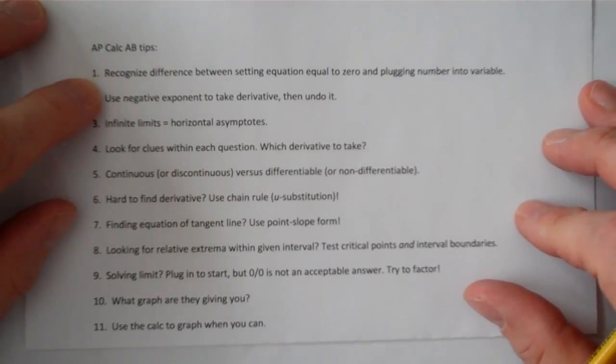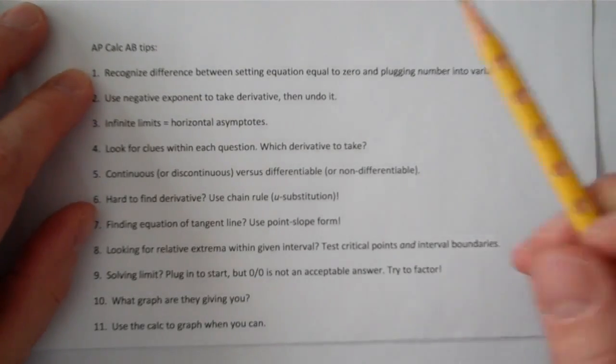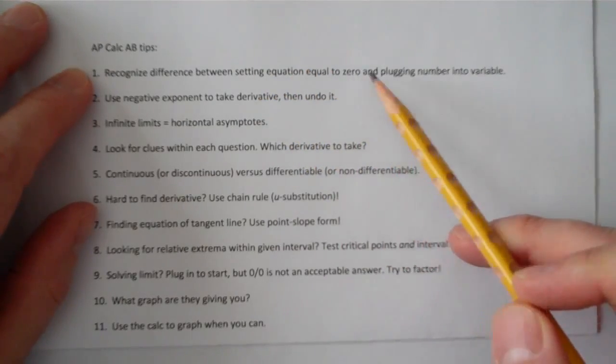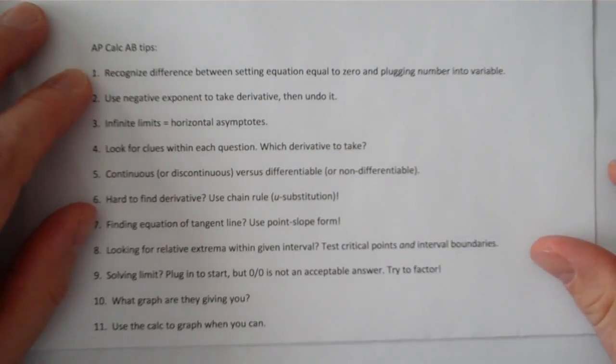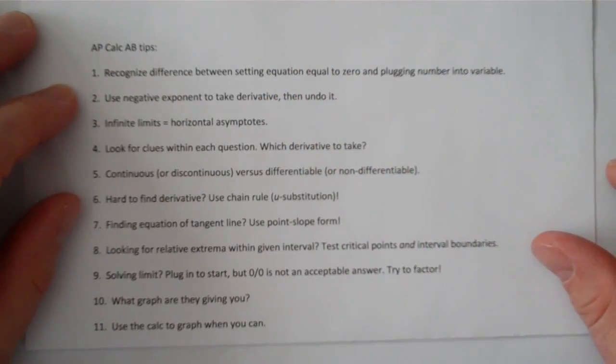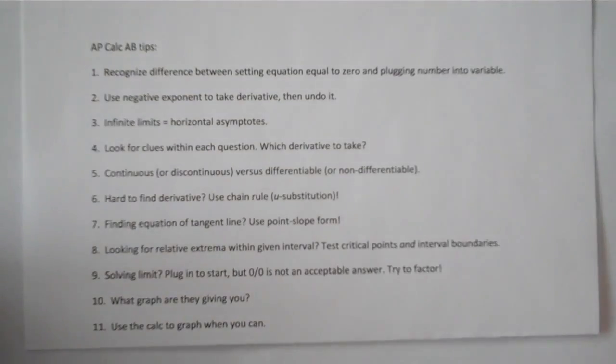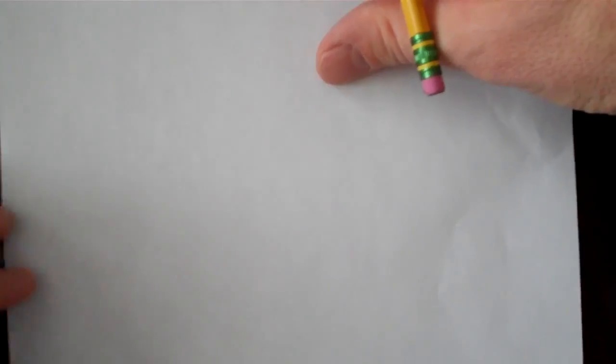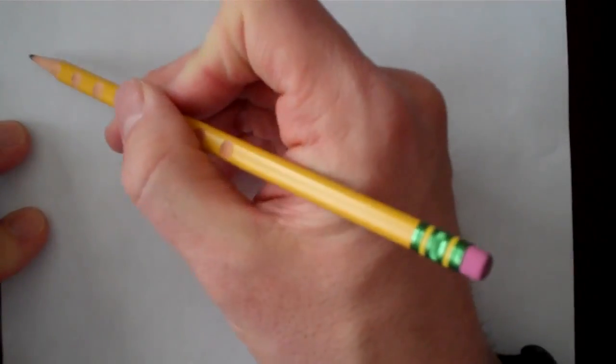Number one, this is an occasional concern. Recognizing the difference between setting an equation equal to 0 and then plugging a number in with a variable. We've seen problems before where you take the derivative of a function, and I'm going to see if I can come up with examples here.